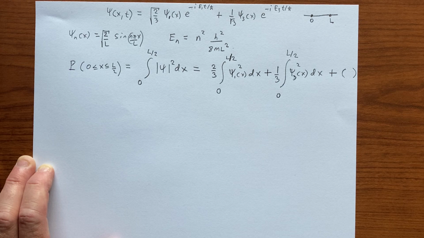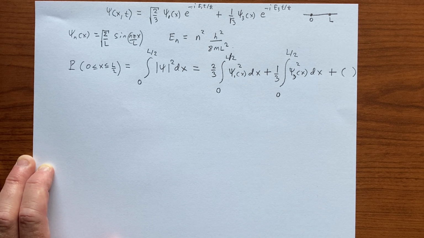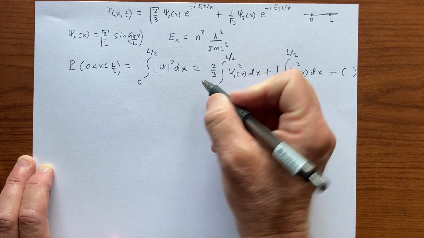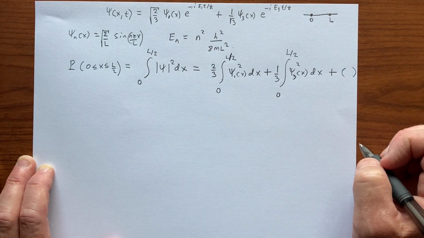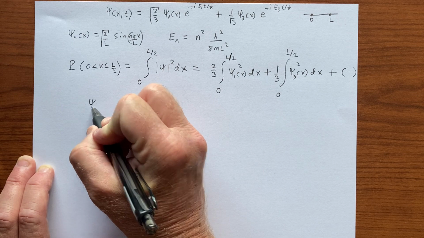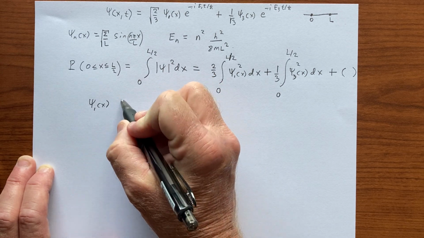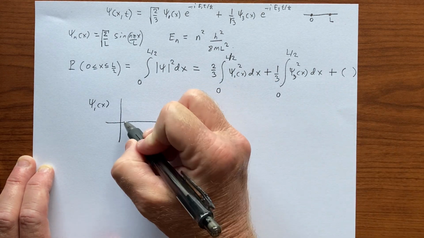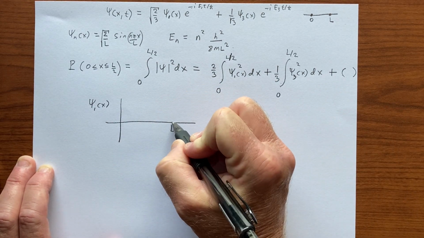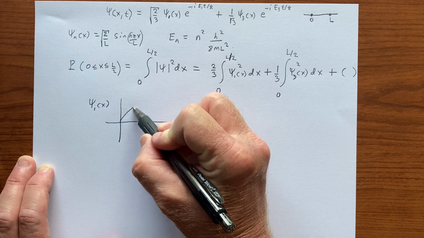We want to avoid doing this calculation because it's easier to argue from the symmetry of these functions what the result must be. So let's plot psi 1 of x. If this is L, then psi 1 of x looks like this.